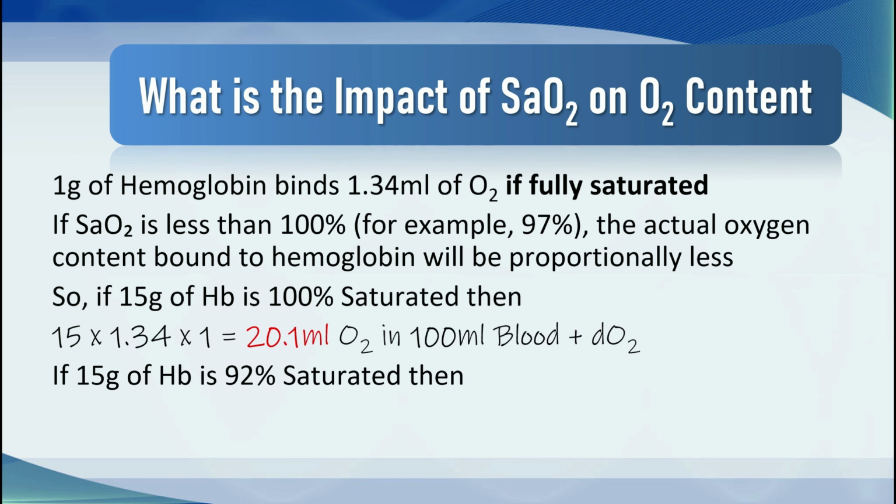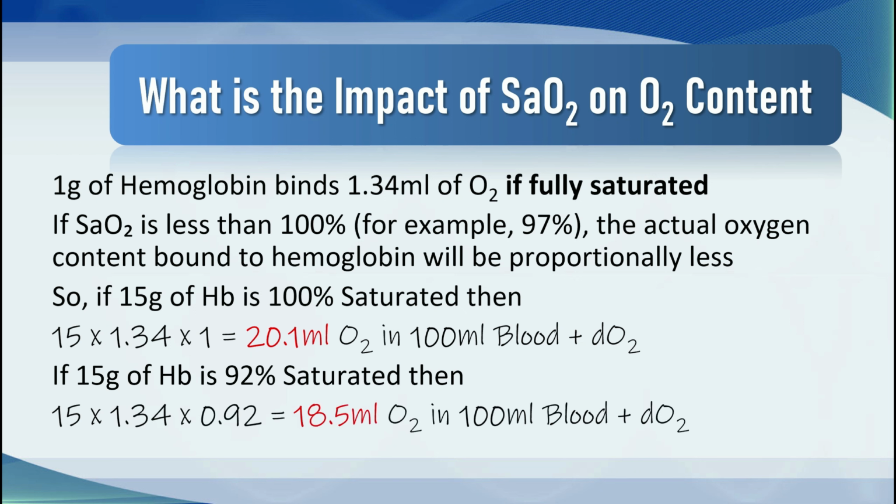If the hemoglobin of 15 grams is 92% saturated, then the calculation is 15 times 1.34 times 0.92, and then the result is 18.5 mils of oxygen per 100 mils of blood plus the dissolved oxygen tension.